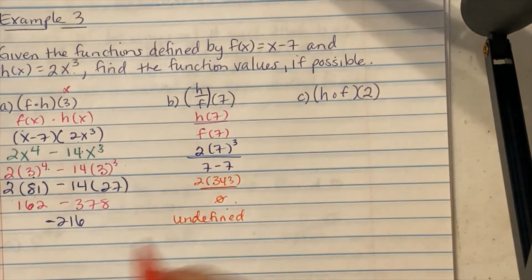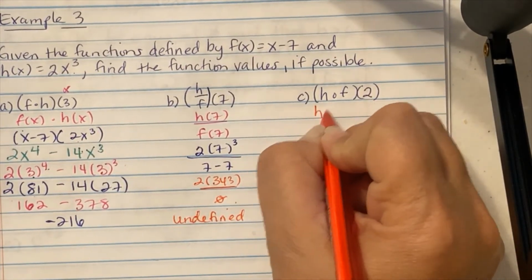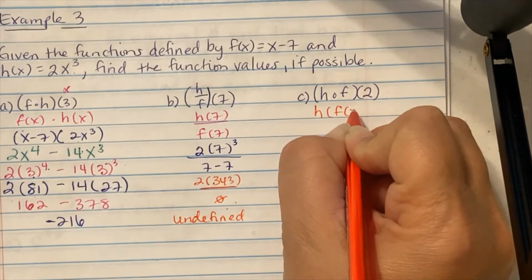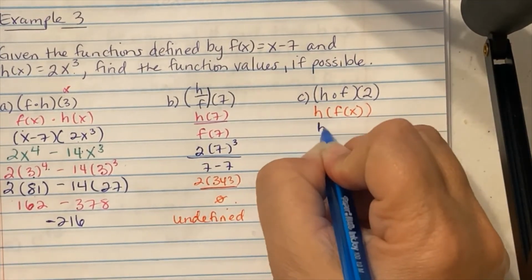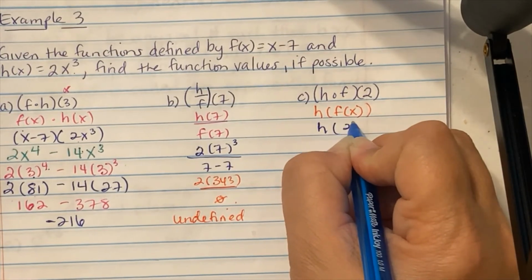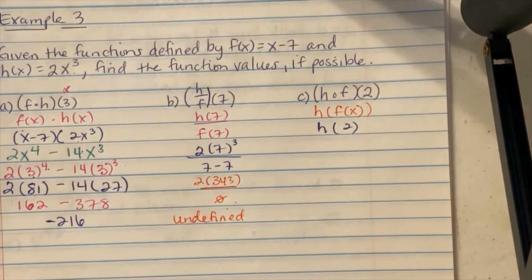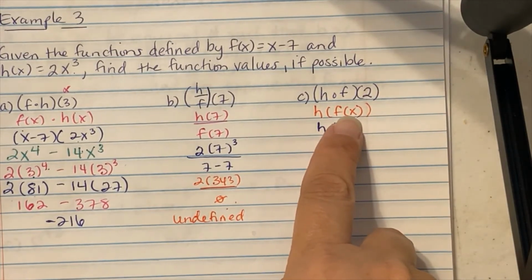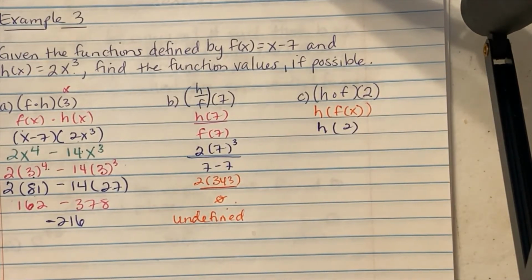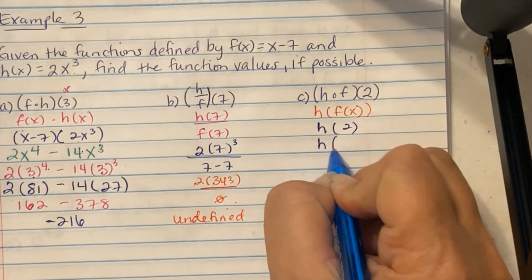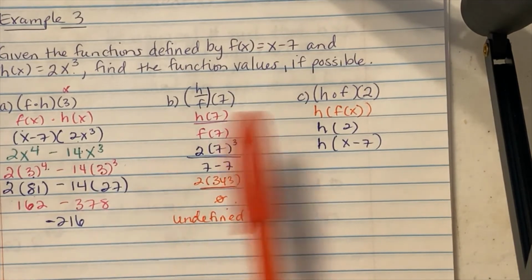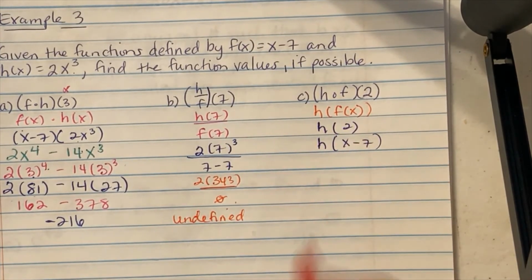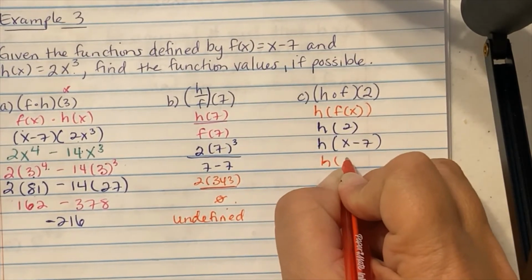Okay, it says h of f of 2. So remember, this is h of f of x, which is the same thing as saying h of f of 2. We need to go to our f of x equation first. So we have h of x minus 7, and we're plugging in 2 into this, so we become h of negative 5.